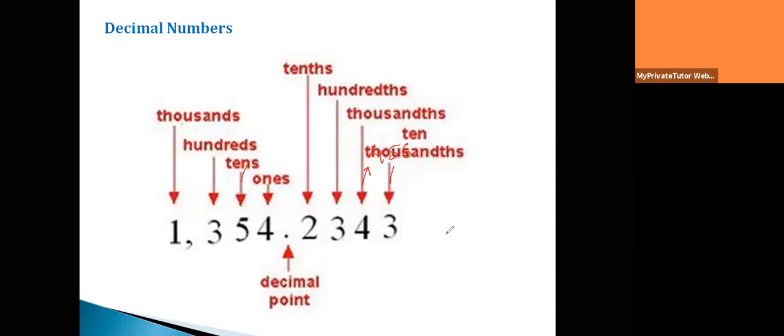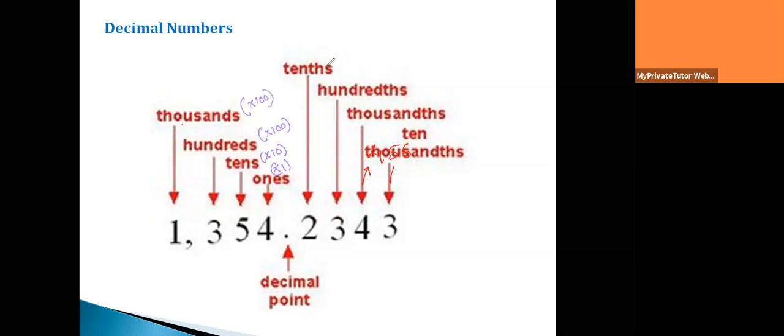So the decimal point: after the decimal or before the decimal, just consider both. Ones is nothing but multiples of 1. Tens is multiples of 10, so we multiply that number by 10. Hundreds is multiply by 100. Thousands is multiply by 1000.